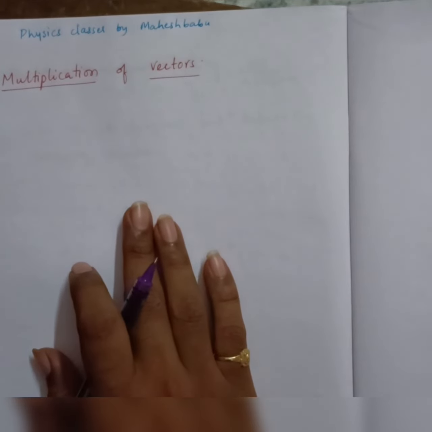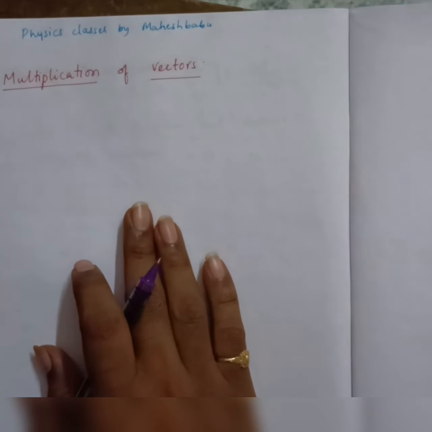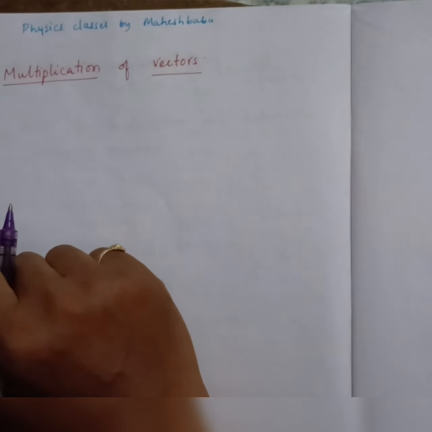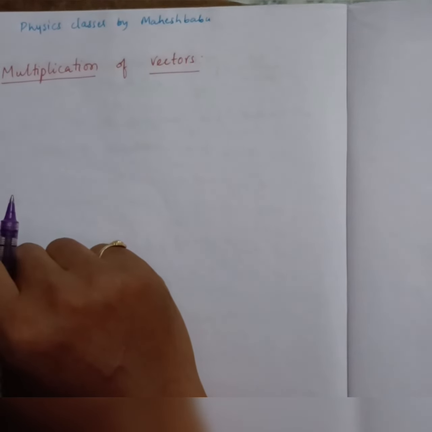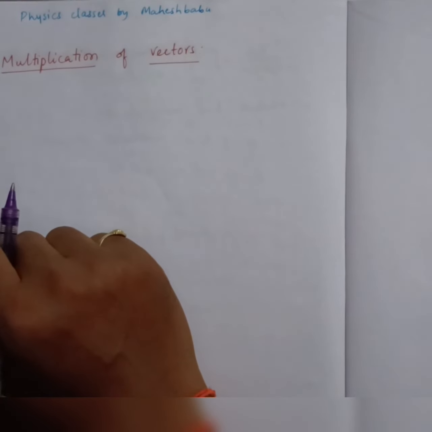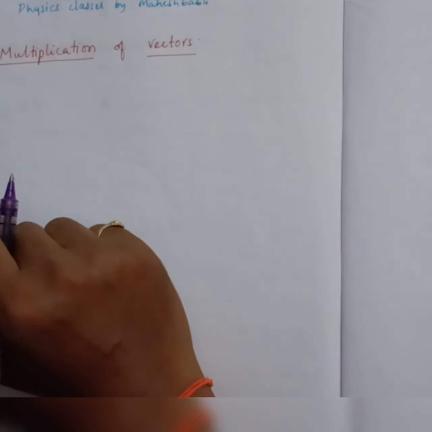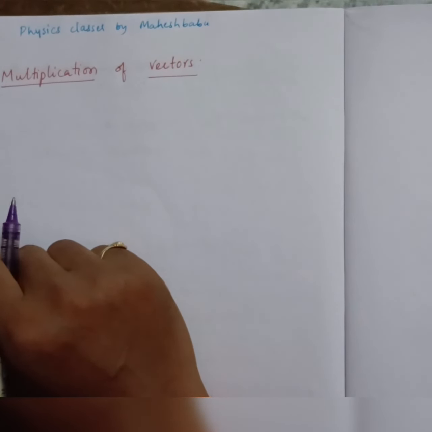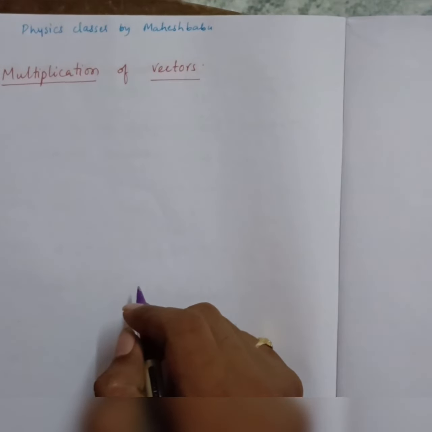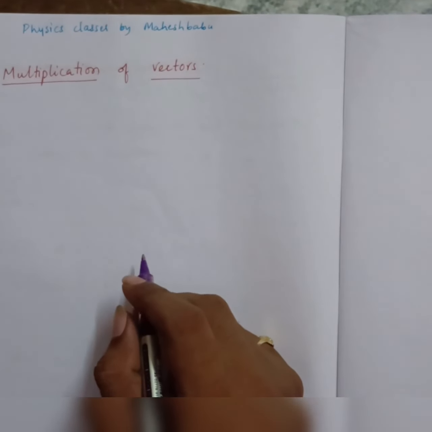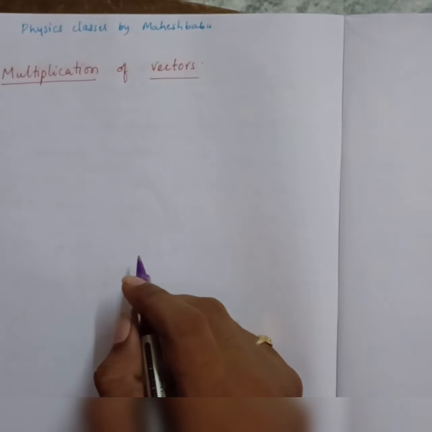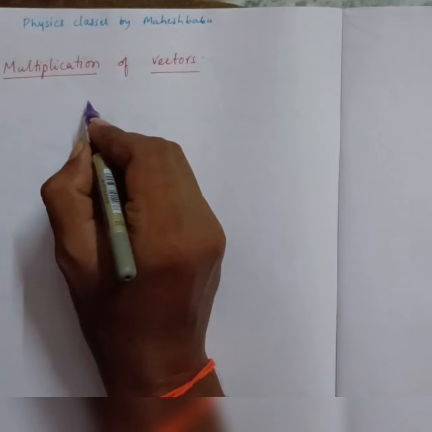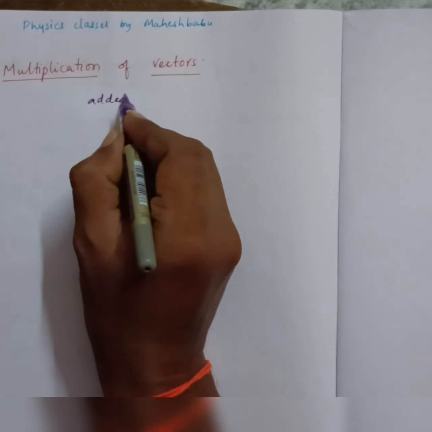Today we will discuss vectors. In the topic of vectors, we will discuss multiplication of vectors. Already we know vectors can be added with different rules, not like scalars. Scalars can be added normally, but vectors can be added with different rules.